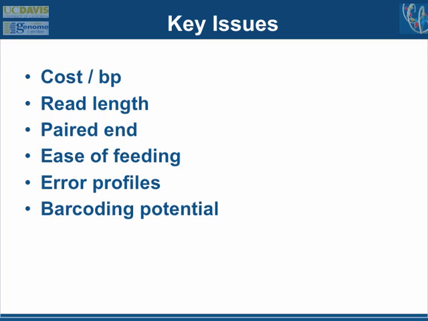Obviously, cost per base pair is a really important thing for determining exactly how you're going to apply a sequencing technology to a particular area. The read length, which I'll talk about a little bit, is highly variable between the different technologies. And for certain purposes, short reads are fine, like resequencing genomes. If you already have a reference genome that's high quality, you can get short reads from a new sample and map them to the reference genome.